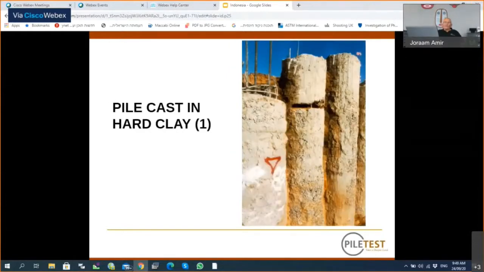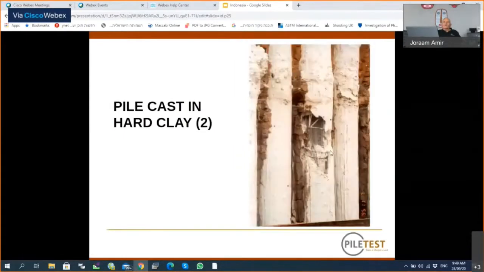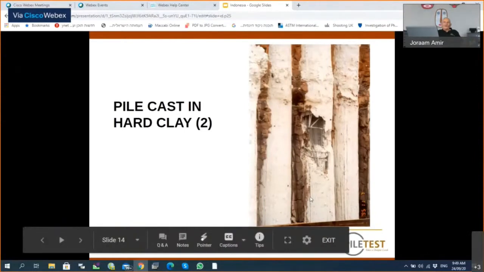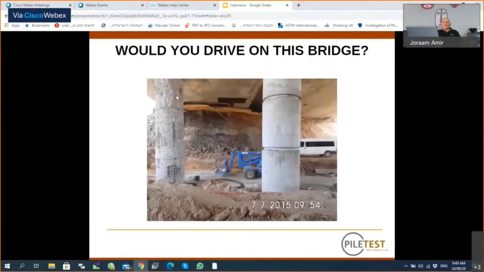Now, even under ideal conditions, when you have stable ground, hard clay, no groundwater, no chance for collapse, you can have this situation. Or this one, which is almost a complete discontinuity of the concrete. Here's another example of a problematic pile.